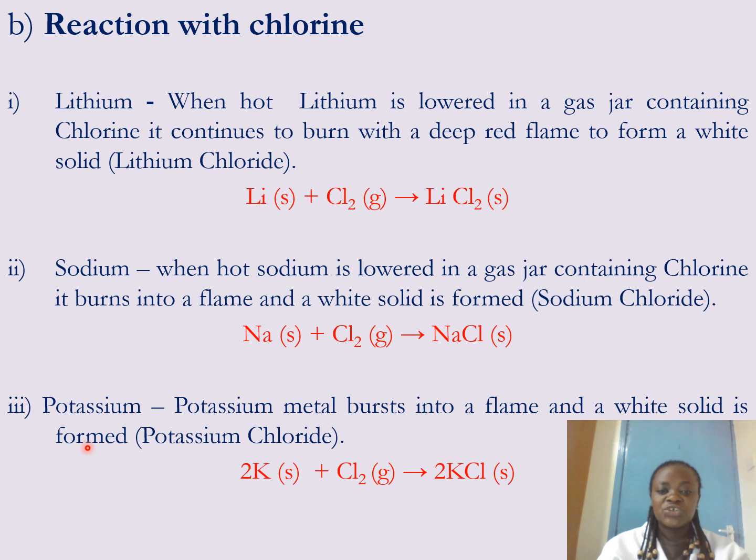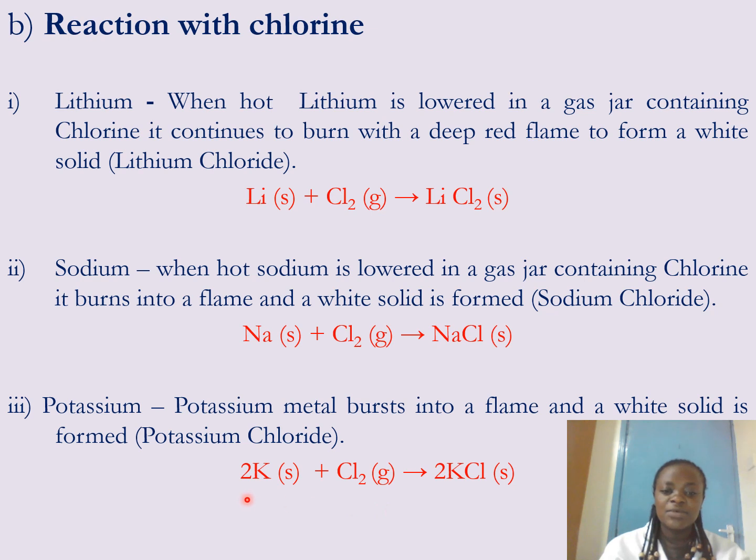Then we look at potassium. Potassium metal bursts into flame when lowered in a gas jar containing chlorine, and it also forms a white solid, that is potassium chloride. Here is the reaction: potassium plus chlorine gives us potassium chloride.